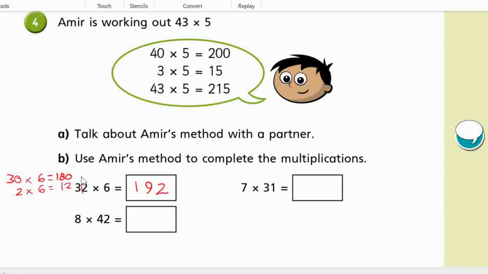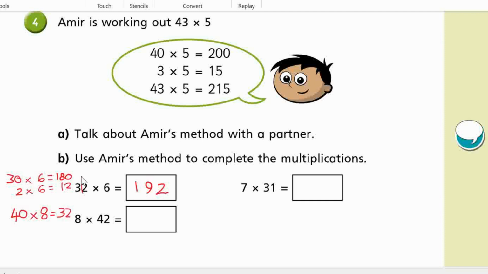Let's move on to the next one. 8 times 42. So how would we do this one? 40 times 8. What does that make? Well, what's 4 times 8? Okay, what's 5 times 8? Yeah, so 5 times 8 would be 40. You take 1 8 off and you get 32.